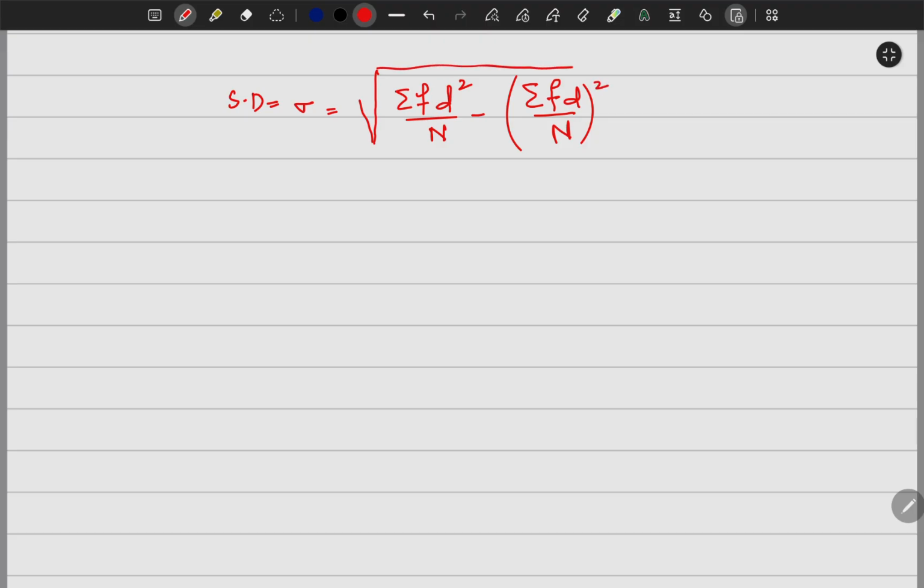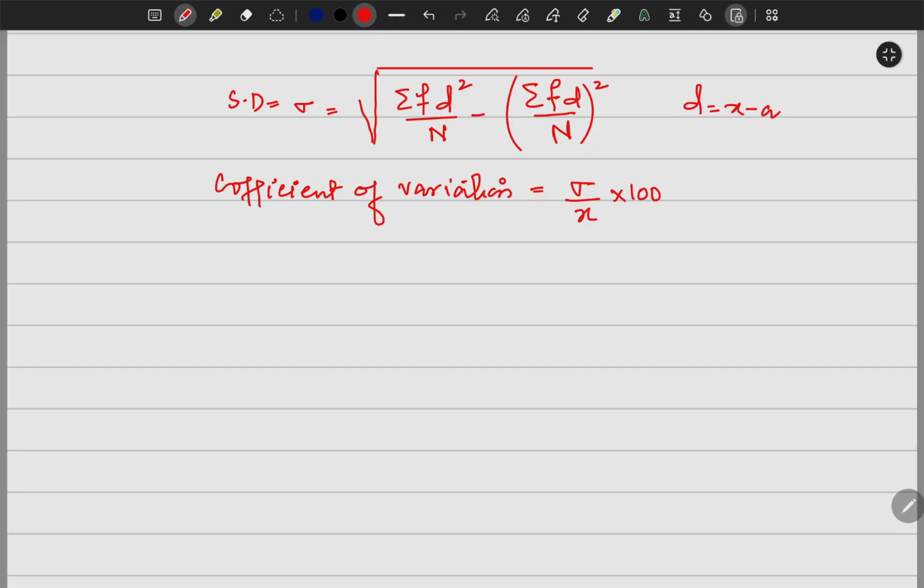Here you know that this d is nothing but x minus a, and I also mentioned in the last video that the coefficient of variation is equal to the sigma value divided by x bar multiplied by 100. Okay, so let's practice some problems and you will understand these formulas.